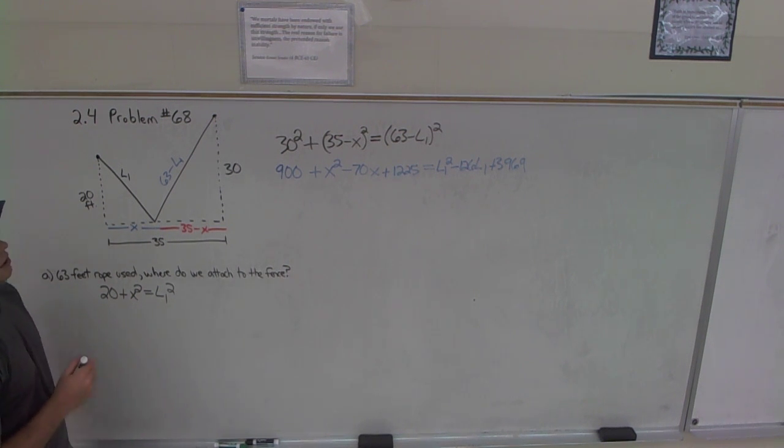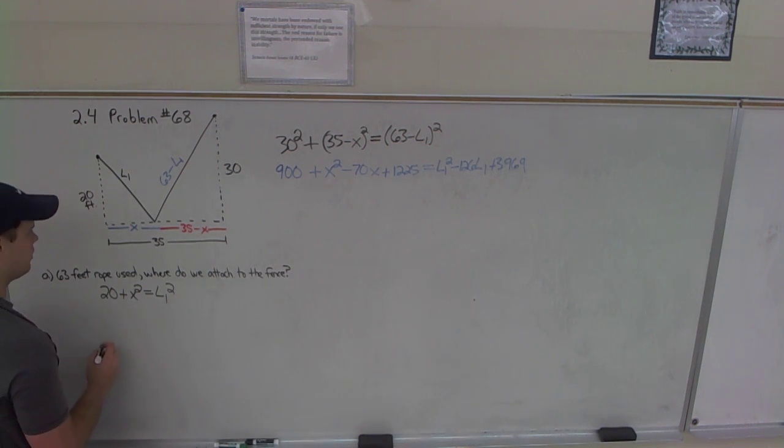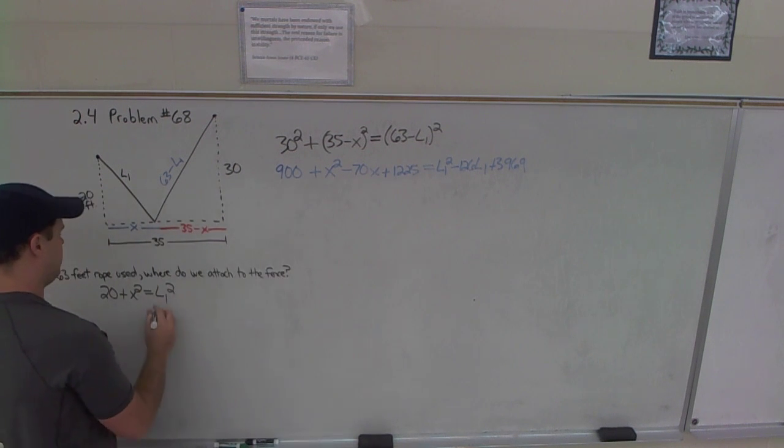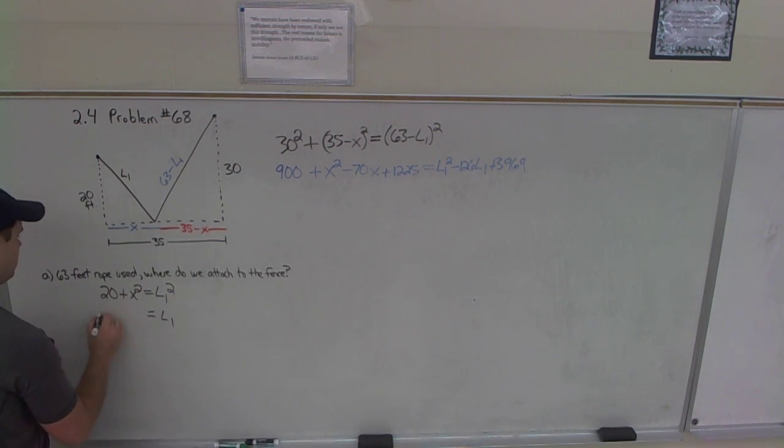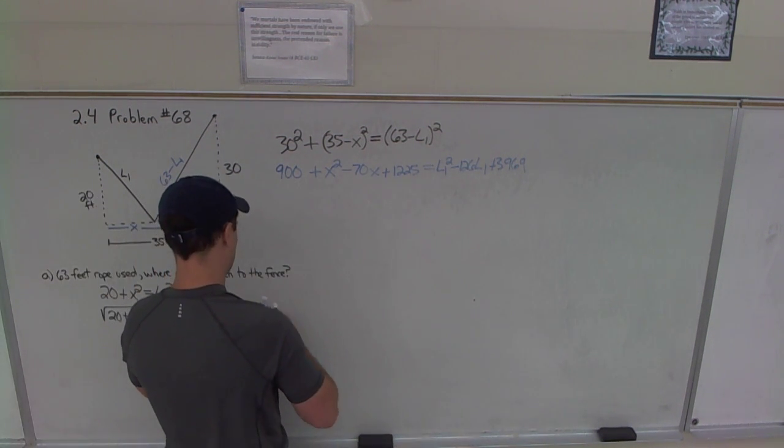So let's see. Well, we could do this a variety of different ways. It looks like we could solve for L1 squared and stick that there. And then L1, if that's L1 squared, is going to be that plus or minus. So I can go like this.